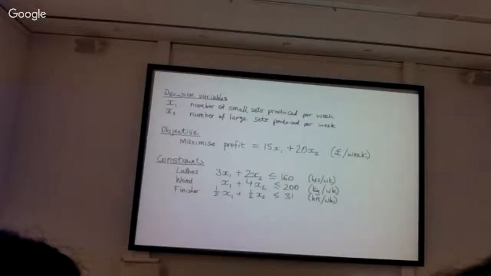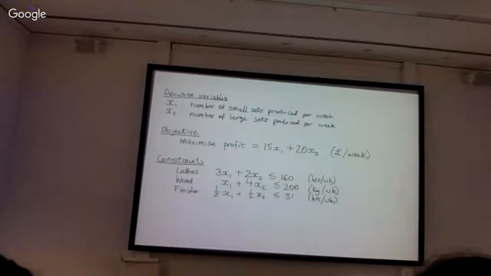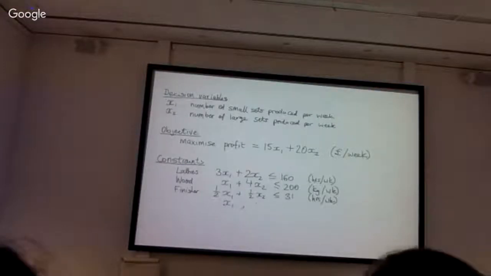When you're creating your model, it's very often forgotten to add this non-negativity constraint. But it has to be there, because you can't make a negative amount of chess sets, even though sometimes maybe you would want to. In this case you probably wouldn't want to. So I put x1 and x2 have to be both greater than or equal to 0.